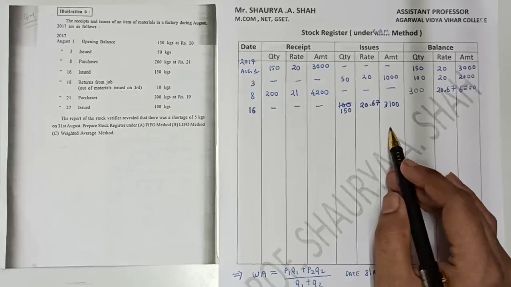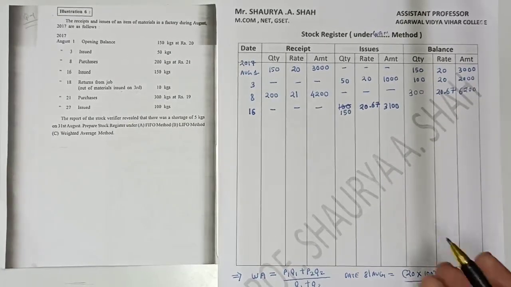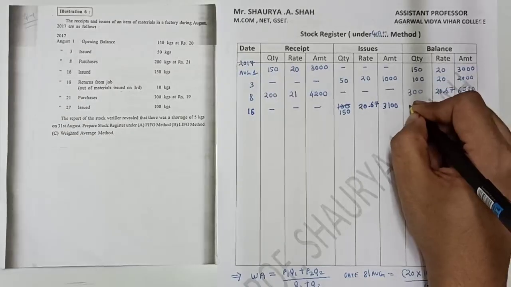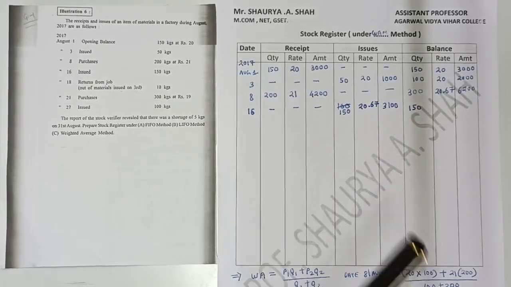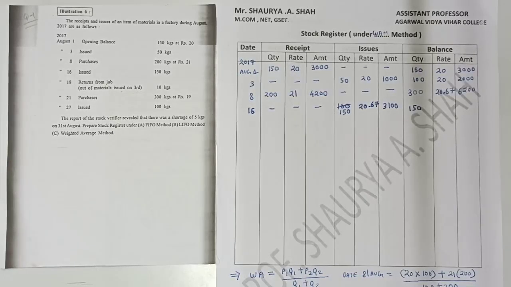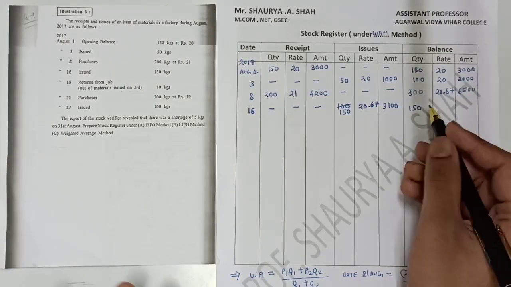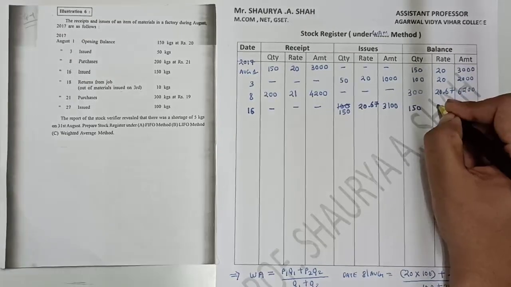So 3100 is gone. So how much quantity is now left out, students? 150. We had 300. Out of that, 150 is gone, right? So you are now having the remaining quantity of 150, right? Here no need to calculate the price once again. Why? Because this is from whatever we had calculated only, right?